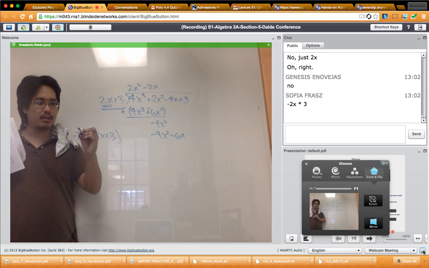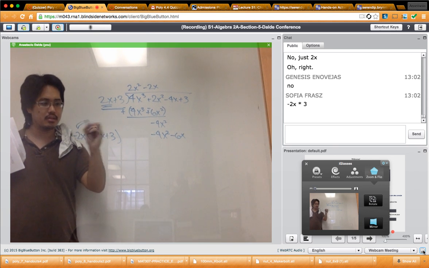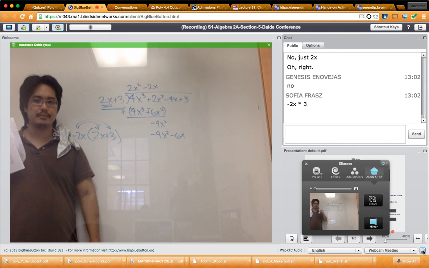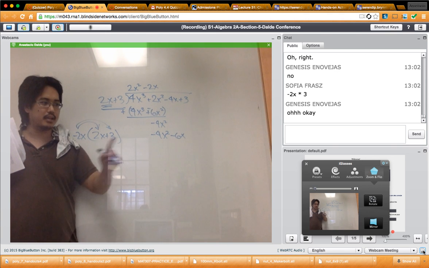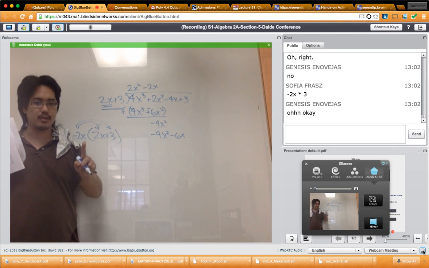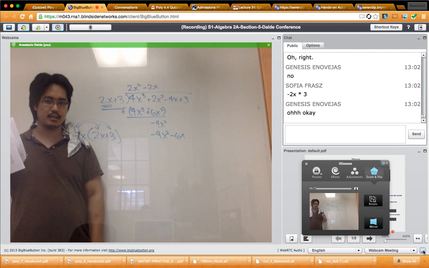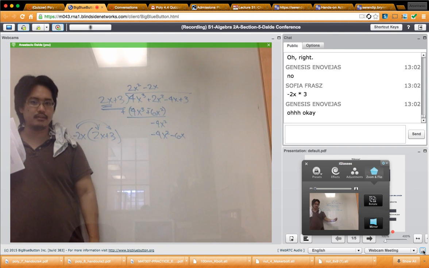So when you do that, you have to distribute to both of those. That's why I have negative 4x squared, because that would be negative 2x times 2x. And I also have the negative 6x, because negative 2x times 3 is negative 6x. Does that make sense now?